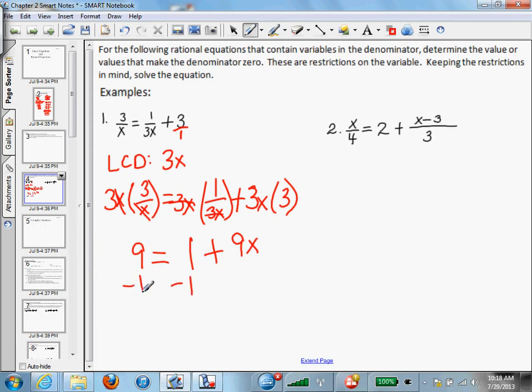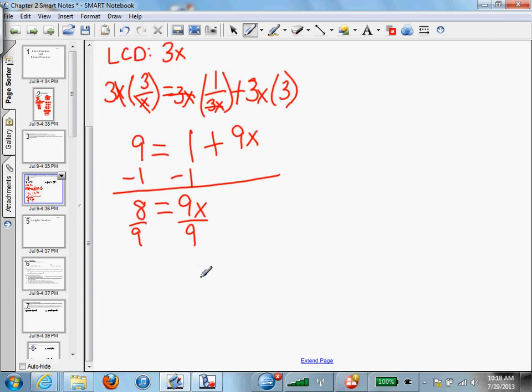We have this 1, so let's subtract it on both sides of the equation, giving you 9 minus 1 is just 8 equals 9x. To get x by itself, divide by 9 on both sides. So for your solution, x equals 8 over 9.